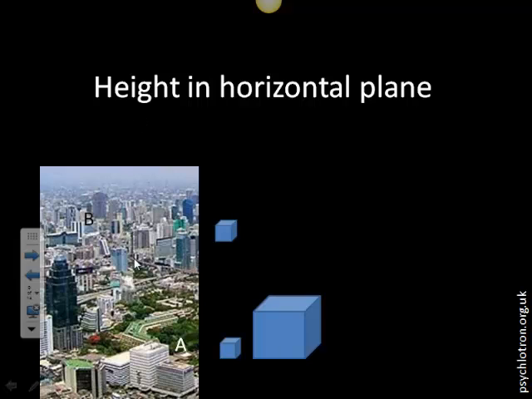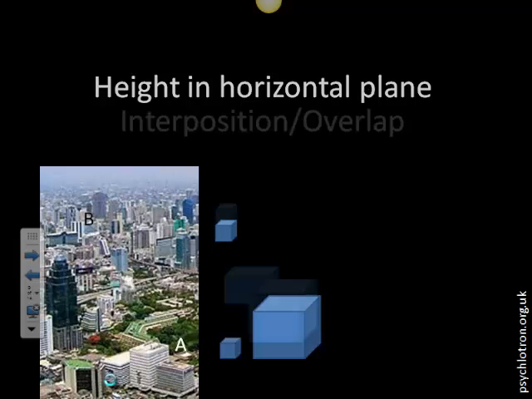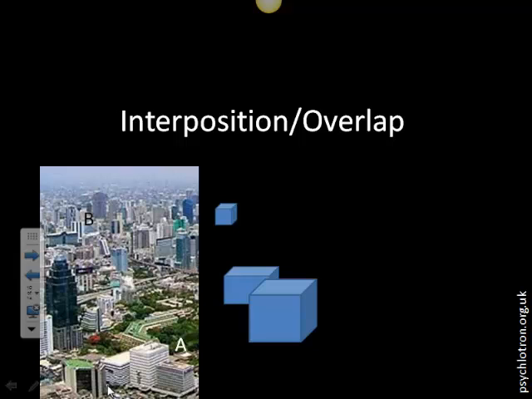Relative height: if we assume this is a flat surface, as objects move up in our field of view, at least if they're below the horizon, they are perceived to be farther away. So if we look at these two objects here, we don't think they're different distances, but this object here that moves up, we perceive it to be farther away. Now the opposite would be true for objects that are above the horizon.